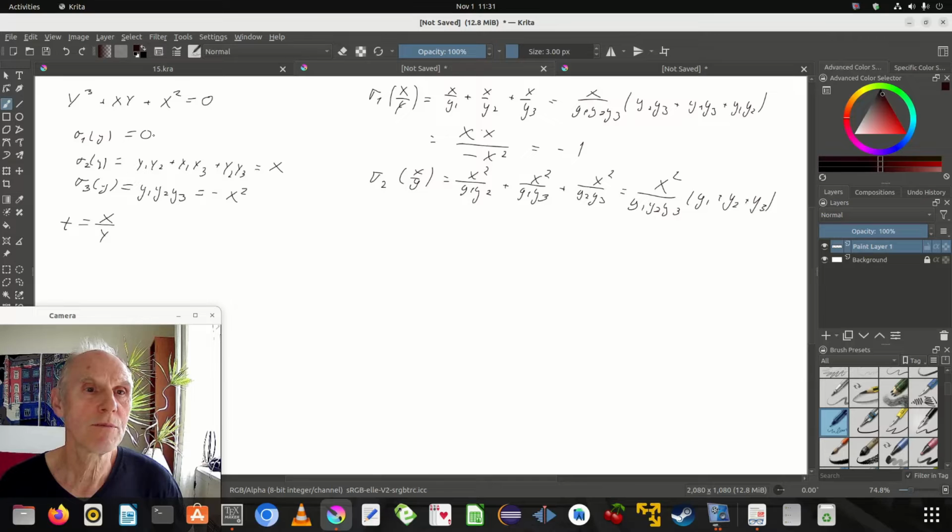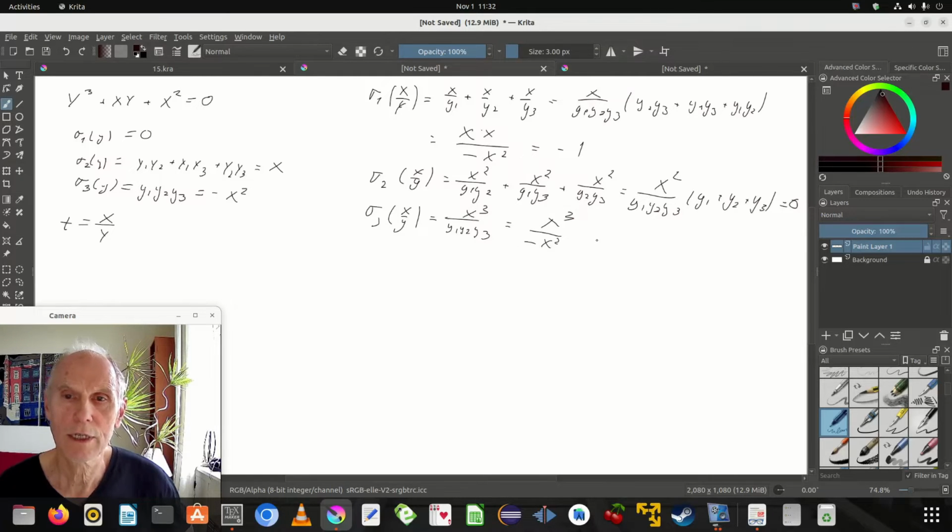And then the sum of the guys vanishes. And that was minus x squared, so that gives minus x.